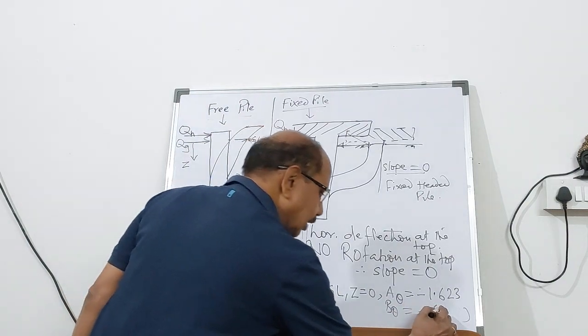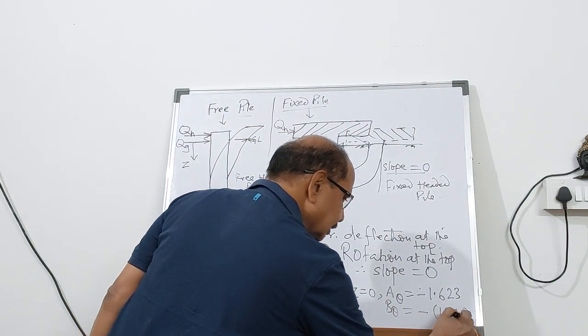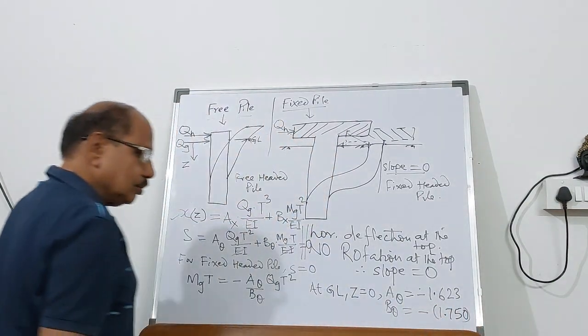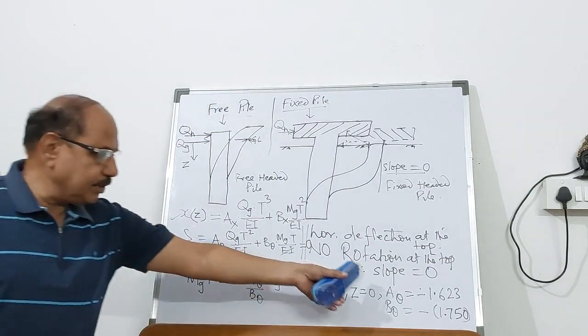It is minus 1.750. This is the value of A theta and B theta.